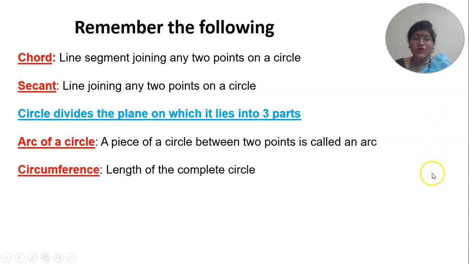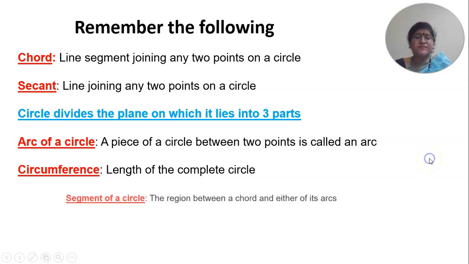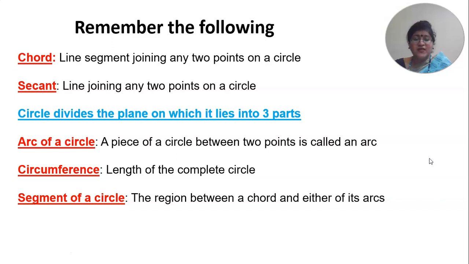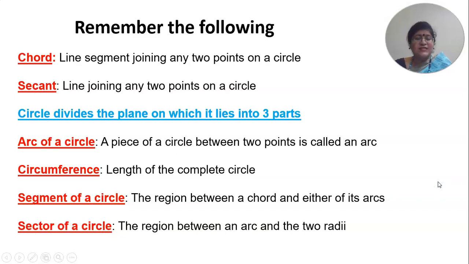Circumference is the length of the complete circle. It is not the same as diameter. Segment of a circle is the region. This word region is very important. It is a region between chord and either of its arcs. And sector of a circle is the region between an arc and the two radii of the circle.